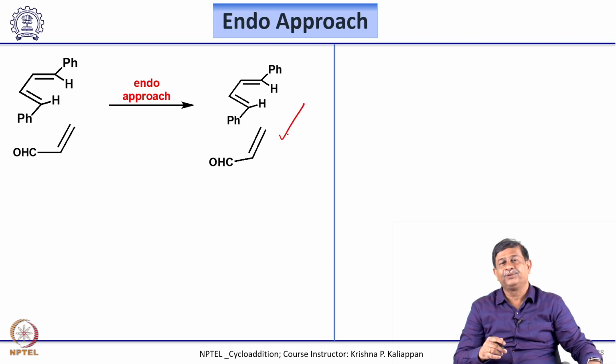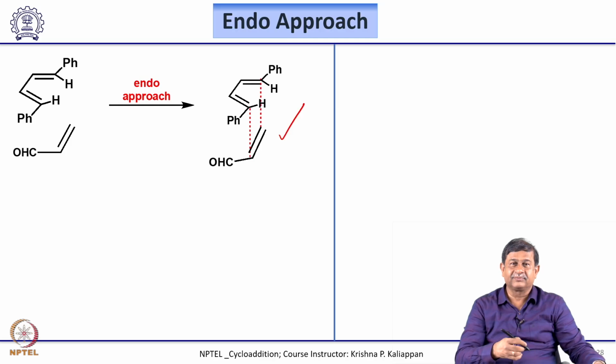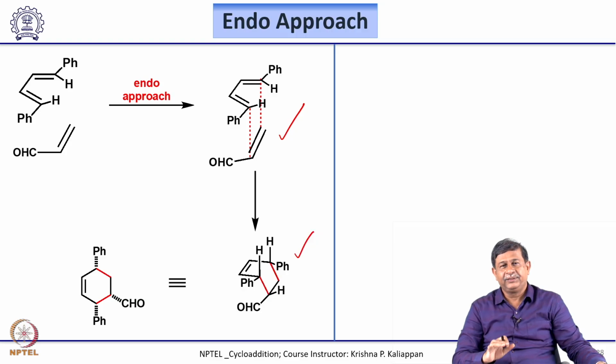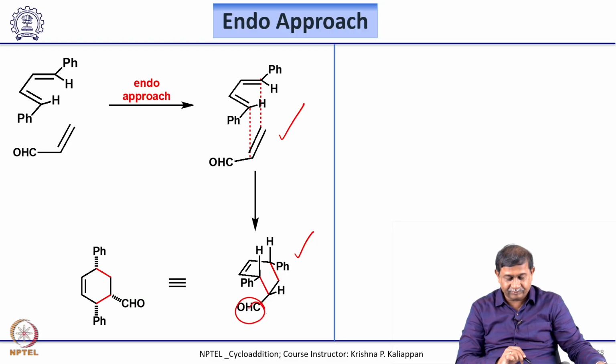Now you draw the bond, this is the transition state. When you do this, you will get this product. I will leave it for a few seconds. When you do that, you can see here this aldehyde is alpha.